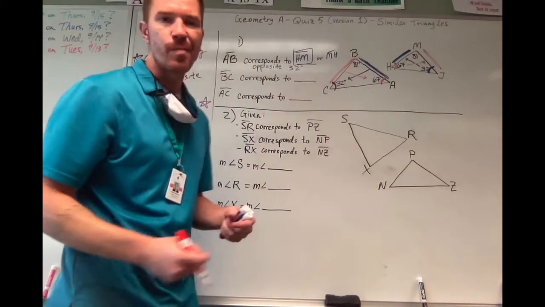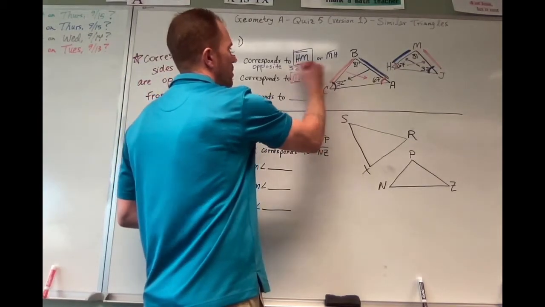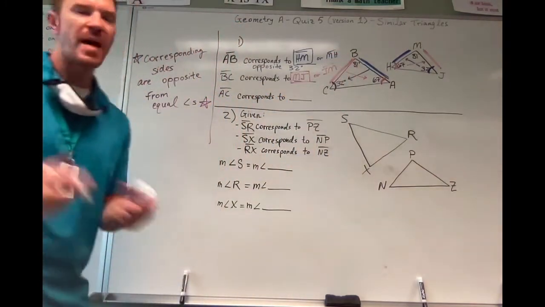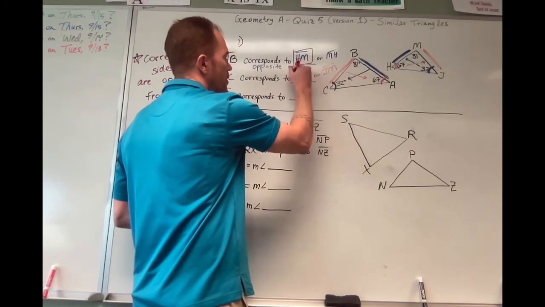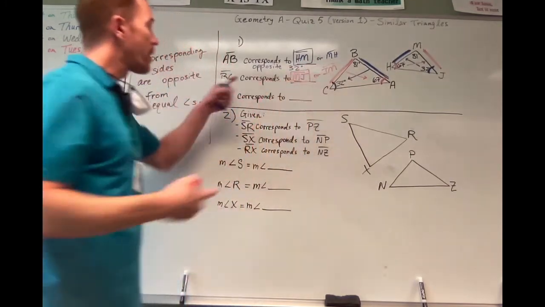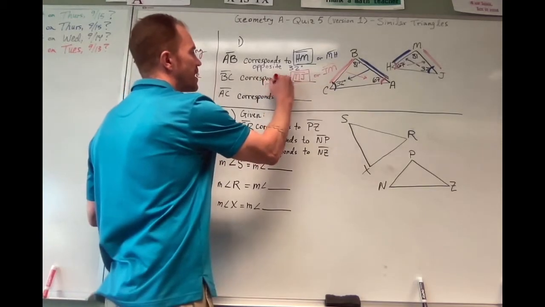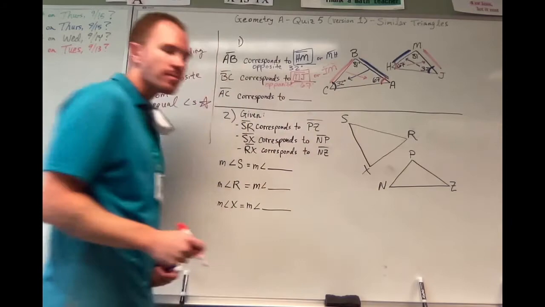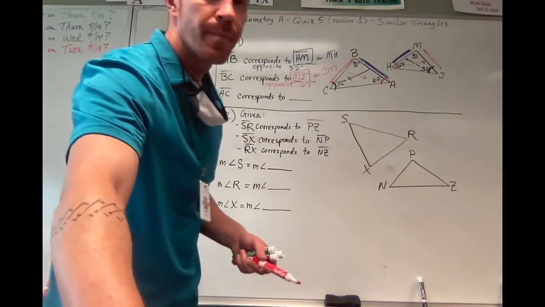MJ or JM? Either way, I don't care about the order. Oops, that's technically supposed to have a little bar above it. They are corresponding sides because they are both opposite 67 degrees. Corresponding sides are opposite from equal angles.